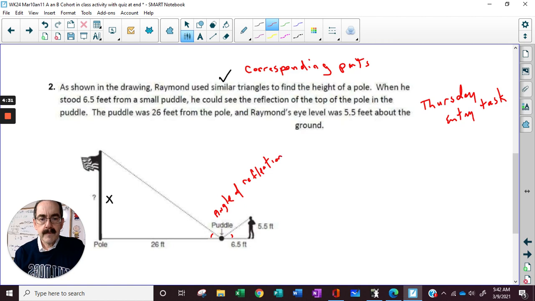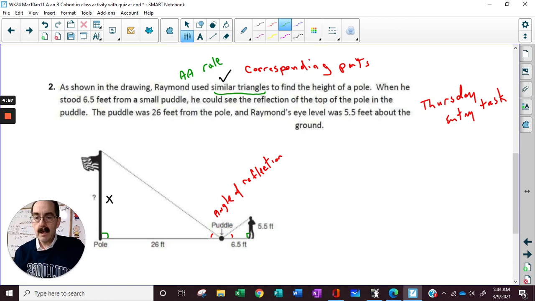The angle of reflection is the same on both sides. Then, because we're standing straight up and down, we create a 90-degree angle. Therefore, we have similar triangles by the angle rule. So now we just have simple math.